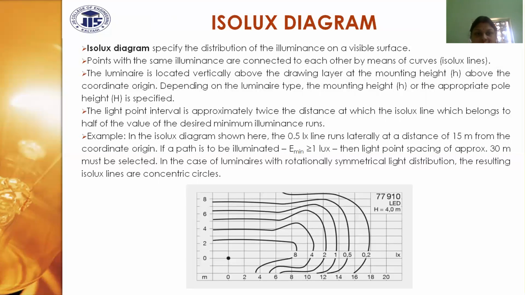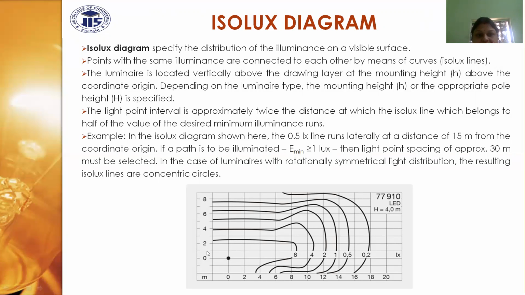Next, isolux diagram. It specifies the distribution of the illuminance on a visual surface. Points with the same illuminance are connected to each other by means of a curve. That means isolux lines.